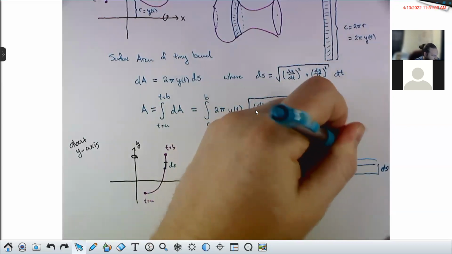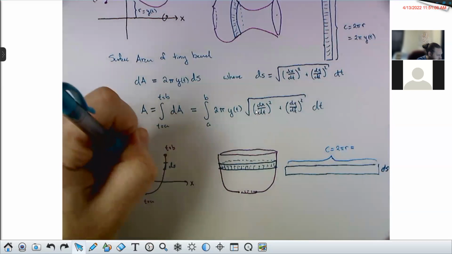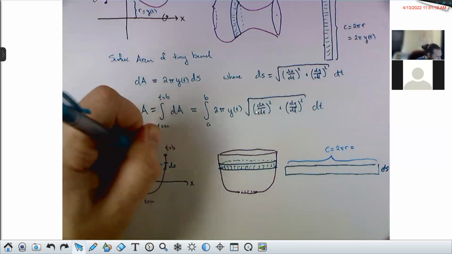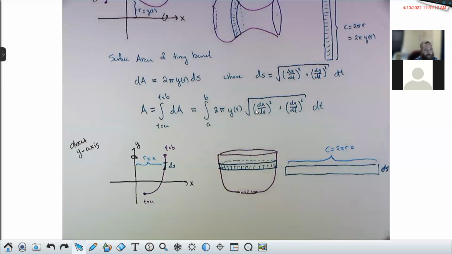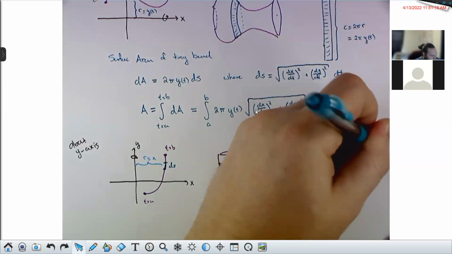Which is 2 pi r, and in this case, r is a horizontal distance. R would be this distance, which is x. So the circumference there is 2 pi times x of t.